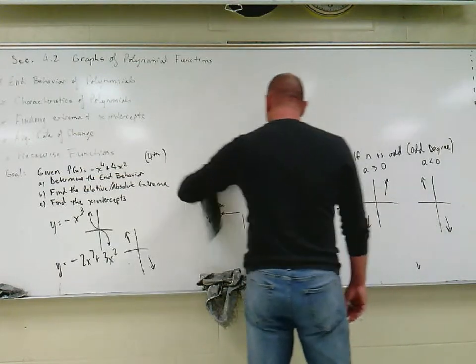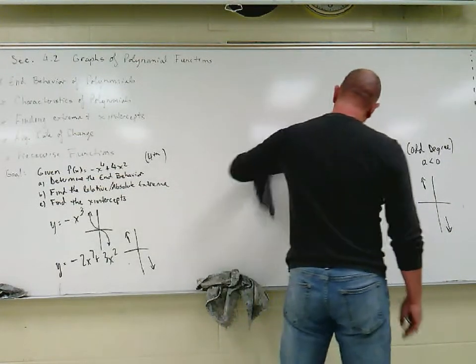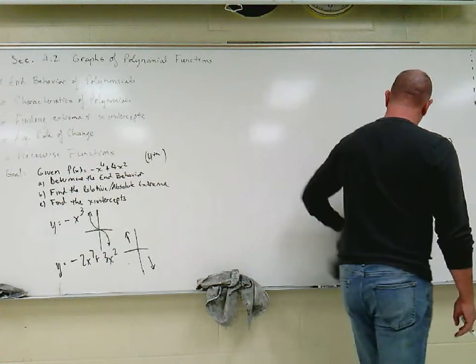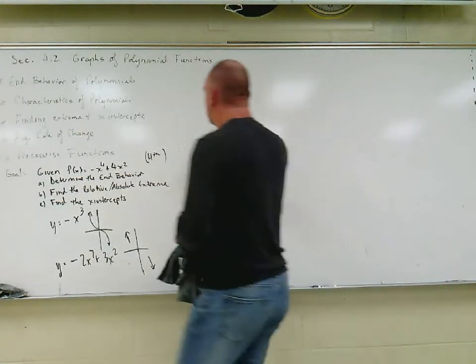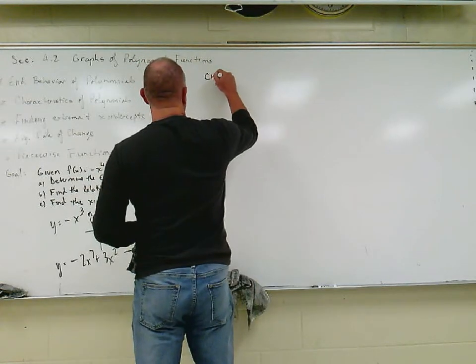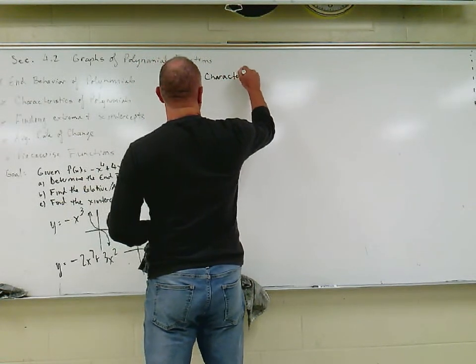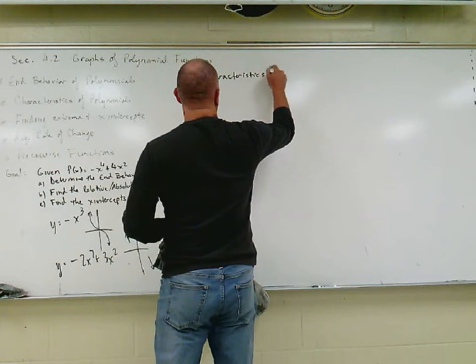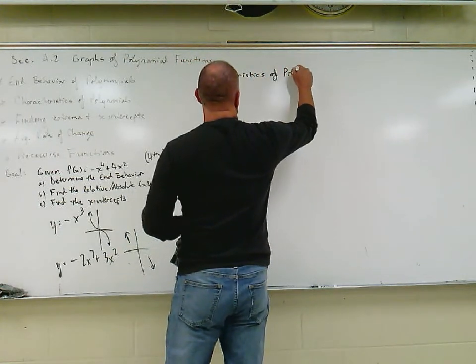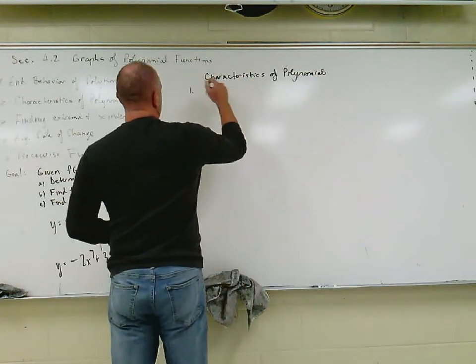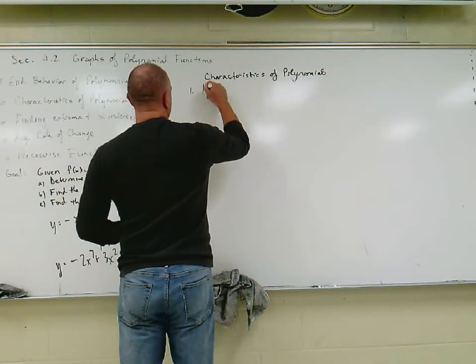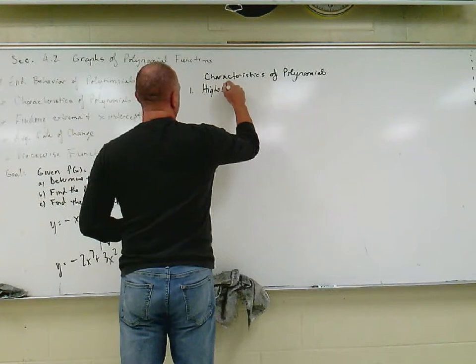I'm going to put another polynomial on the board. Okay, so there's characteristics of polynomials, there's 6. I'm going to list this, and then we're going to work through one of these together. So first thing, of course, highest exponent is the degree, we already did that.